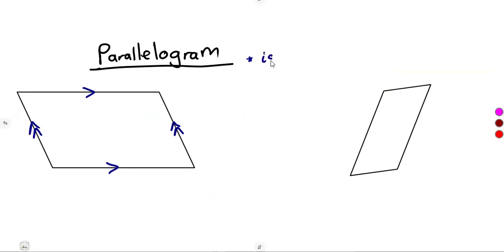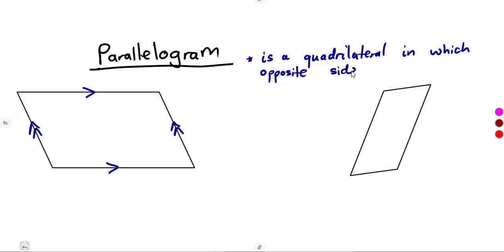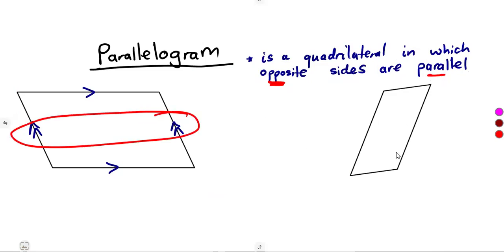This one is a quadrilateral in which opposite sides are parallel. This is the major part.